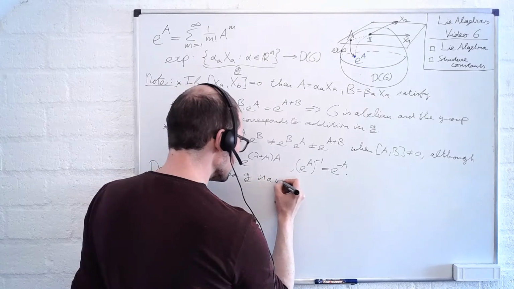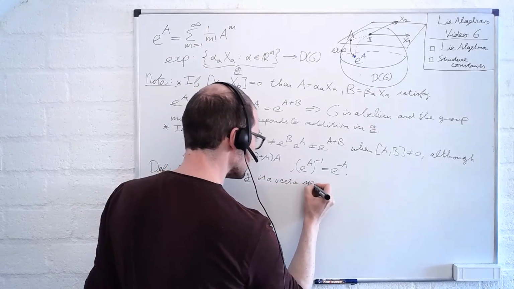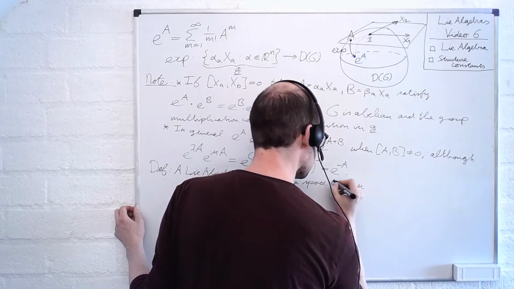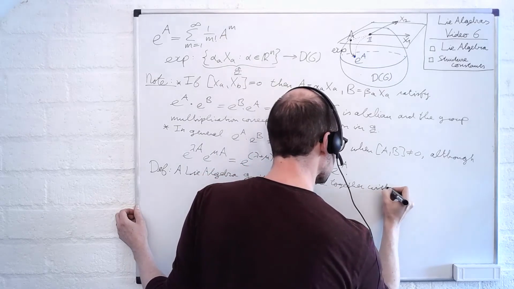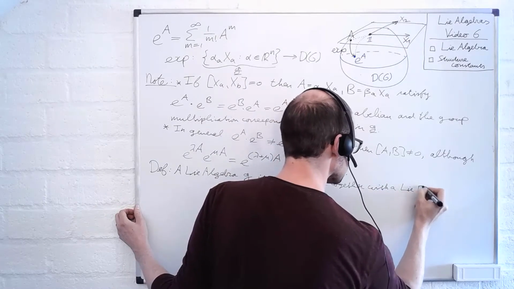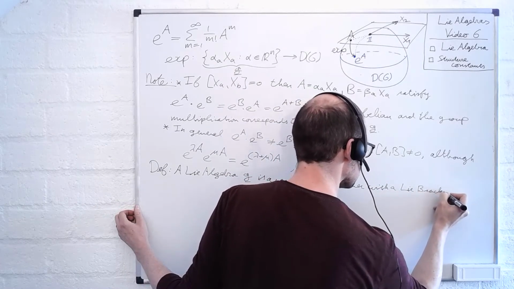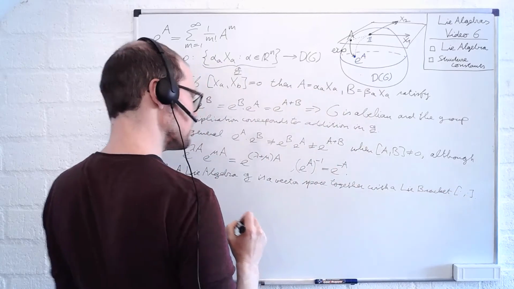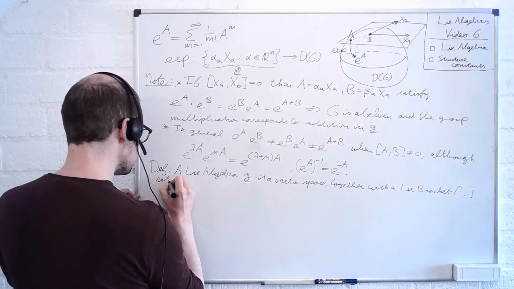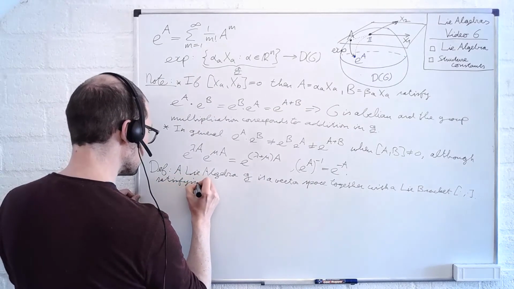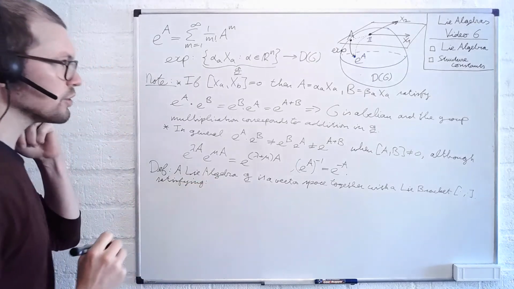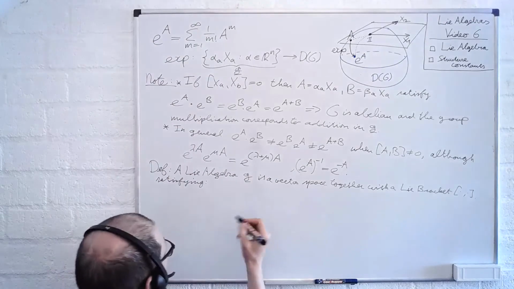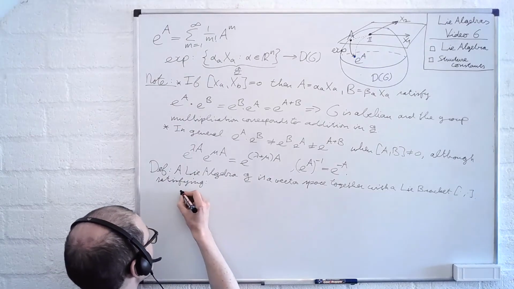It is a vector space together with a Lie bracket, some kind of square bracket that satisfies a number of axioms, just like the group multiplication had to satisfy. So let me list them explicitly and then go through.